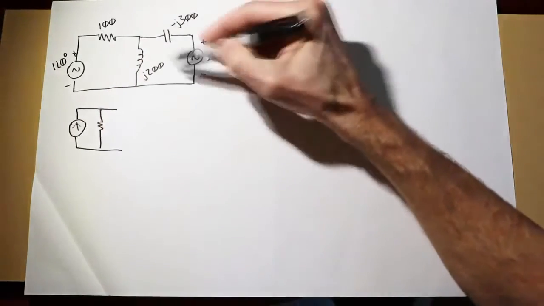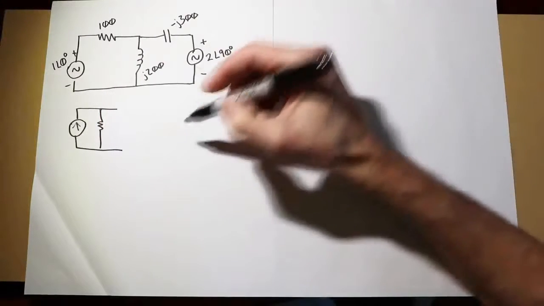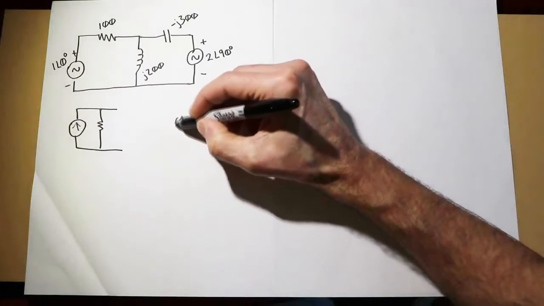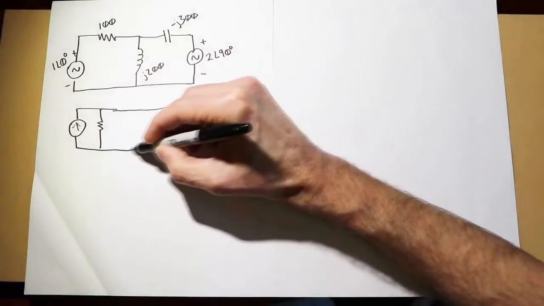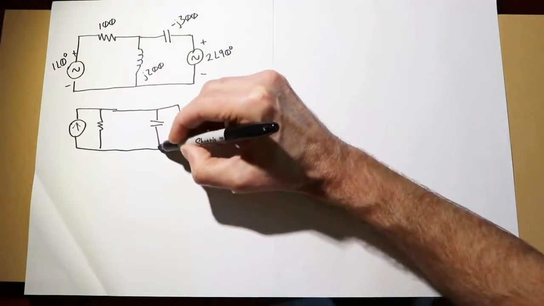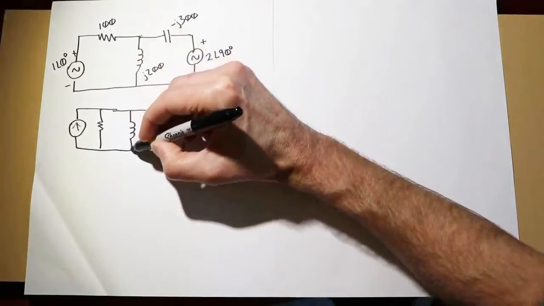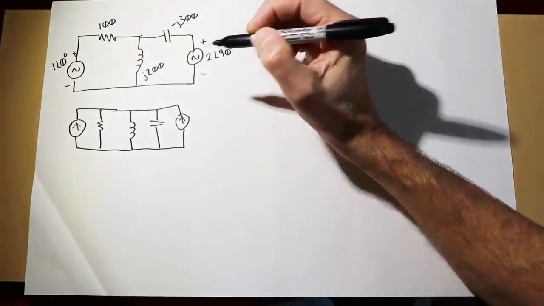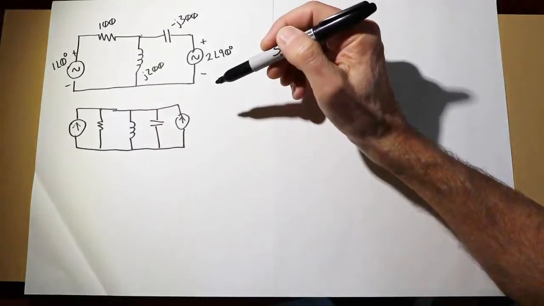The second source and the associated capacitor would also be translated into a current source. That would give you something like this. Here's the capacitor. And of course the inductor is at that same node. We have this. Now, what you would notice about this is a completely parallel circuit.